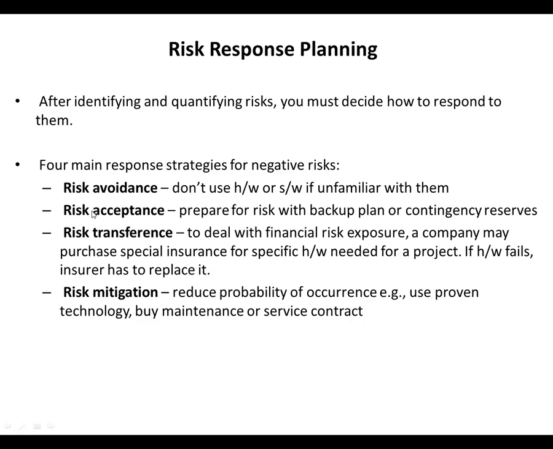But we have some backup plans and contingency resources, some money allocated to come up with a solution. We have identified the solution from the backup plan, and we have some allocated money to repair the harm that happened to the project. That is called risk acceptance.